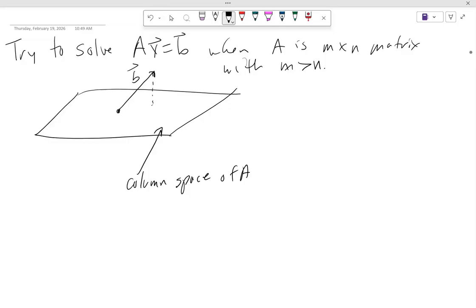So when we're trying to find this least squares solution, well, I know that anything down here is some AX.